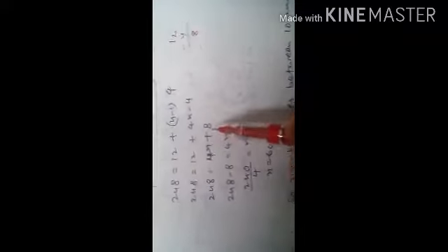So 248 is equal to 8 plus 4n. So sending plus 8 to the left hand side will give 240 by 4. So 4 cancels 60 times, where n is 60. Therefore 60 numbers lie between 10 and 250 which are divisible by 4.